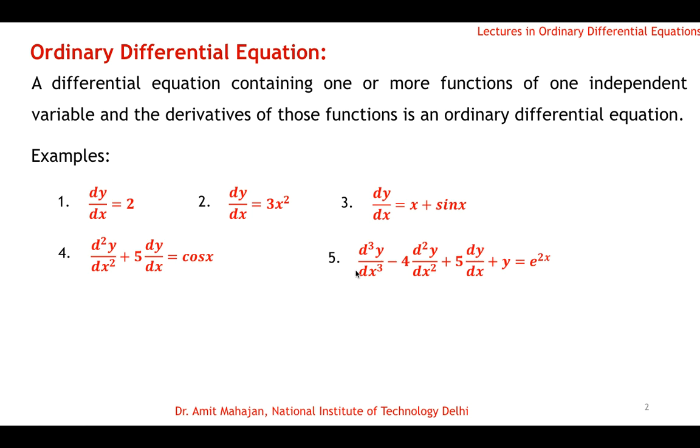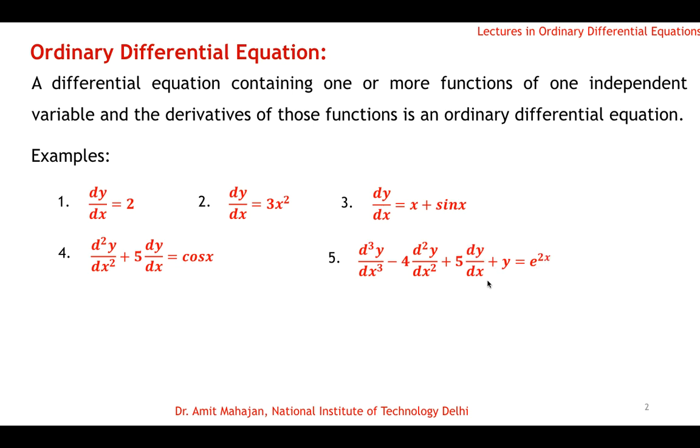Say I take another example, d3y by dx cube minus 4 d2y by dx square plus 5 dy by dx plus y is equal to e raised to power 2 times x. So again it's an ordinary differential equation where you have a third derivative term minus 4 times the second derivative term plus 5 times the first derivative term plus y is equal to an exponential function of x.